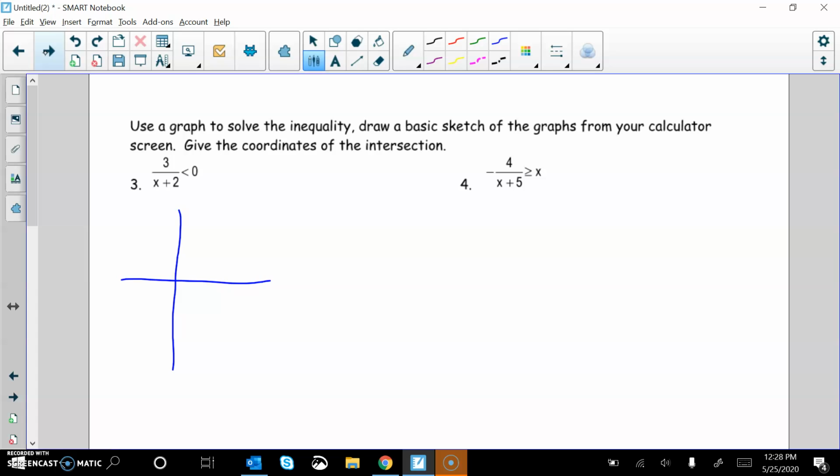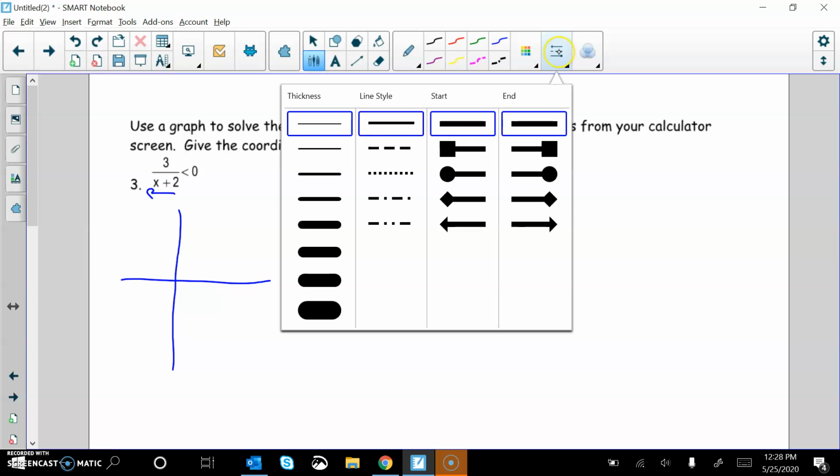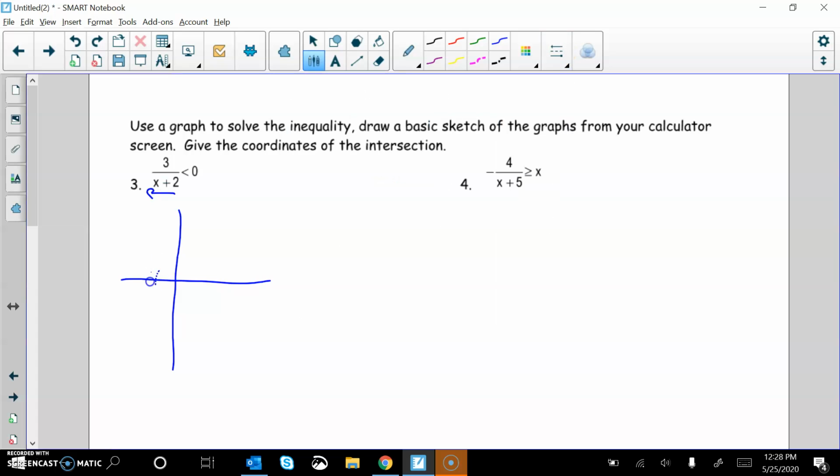All right, I'm just going to graph it real quick. We have a horizontal translation of 2 to the left, resulting in the vertical asymptote being over here at the line x equal to -2.